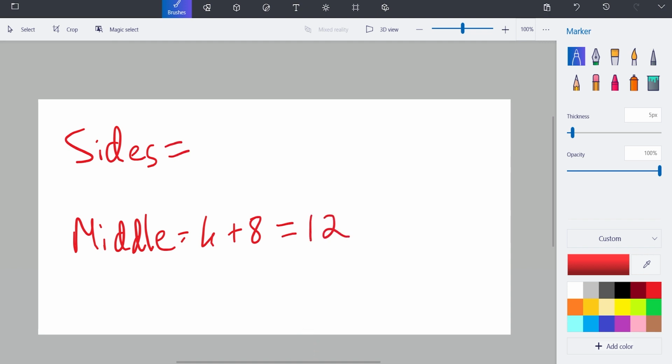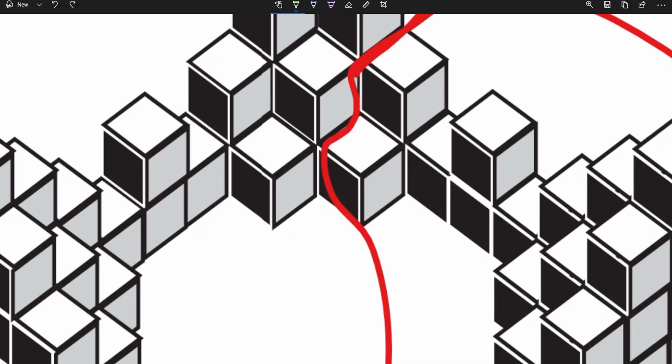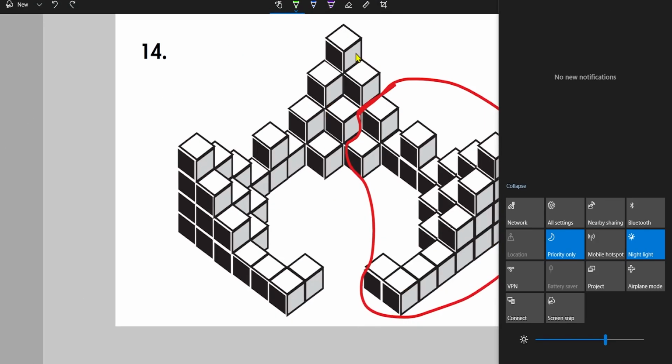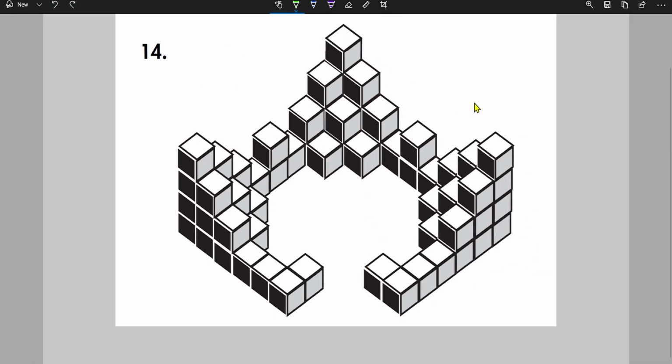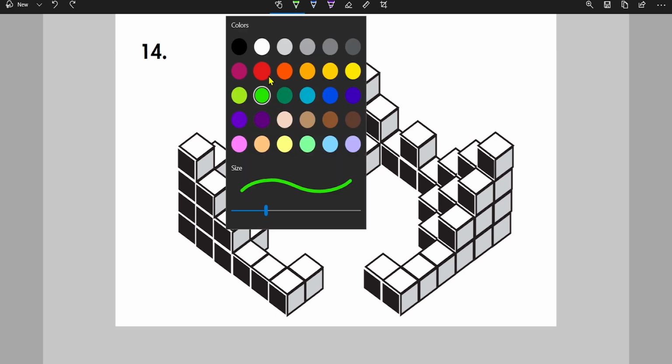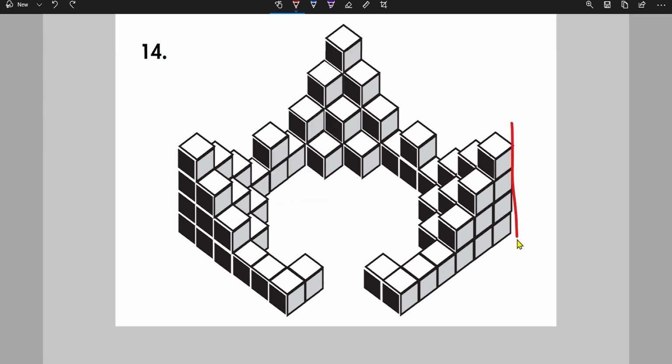Now it's time to calculate the sides. While calculating the sides, we have a simple base pattern over here, which is all of these guys.